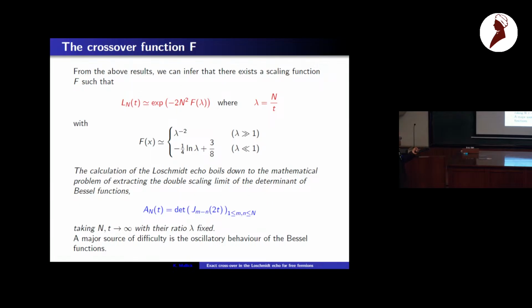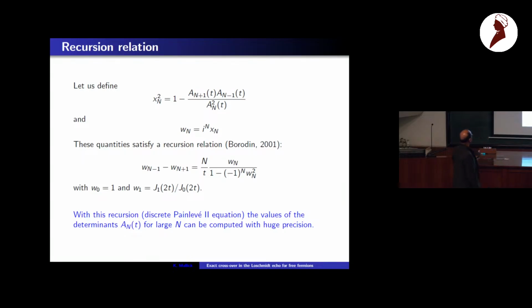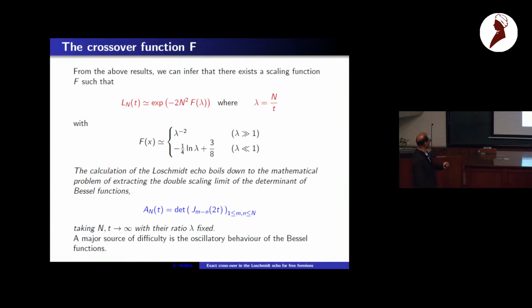Okay, so let's be a bit hand-waving. As I told you, I know the two extreme cases, and I want to see if something happens in between. There's a cute analysis due to Jean-Marc Luc, in fact, where he used a recursion relation. These determinants have plenty of properties, and in particular, they satisfy a non-trivial, non-linear recursion relation.